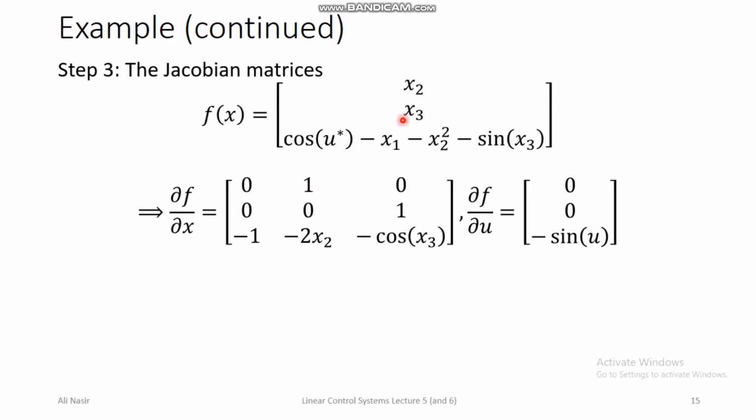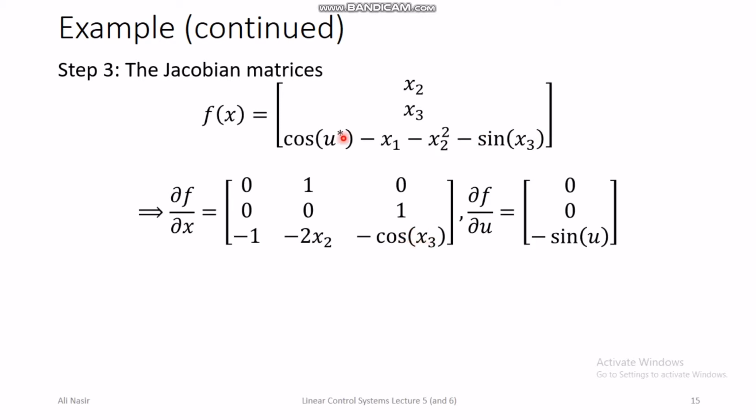Similarly, partial f2 with respect to x1 will be 0, with respect to x2 will be 0, and with respect to x3 will be 1. Similarly, partial f3 with respect to x1 will be minus 1, with respect to x2 will be minus 2x2, and with respect to x3 will be minus cos of x3.